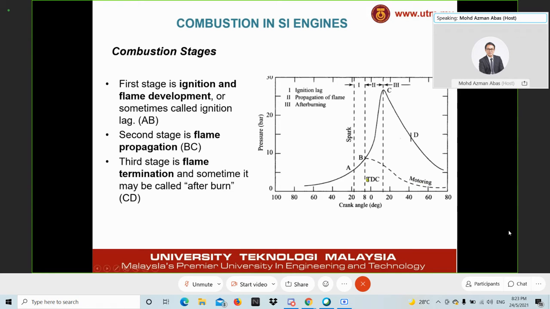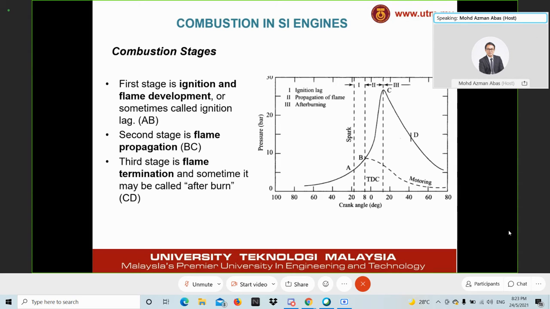Once the ignition starts to trigger, the pressure slightly increases. But before A, there's already an increase of pressure. This increase of pressure before point A is because of the reduced volume from the piston movement from BDC to TDC.